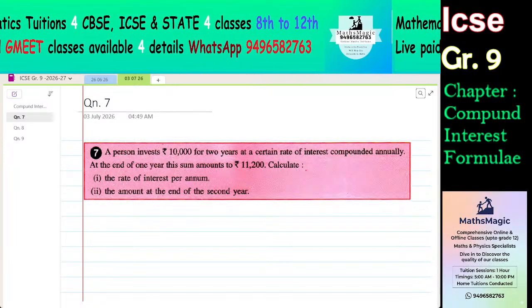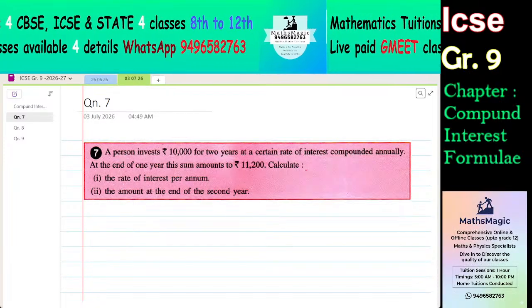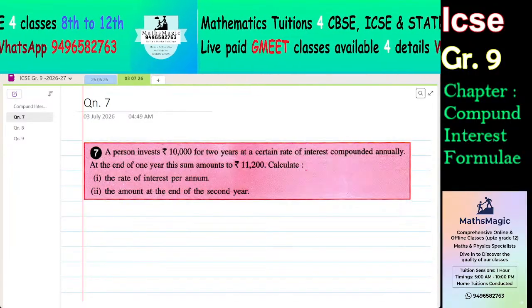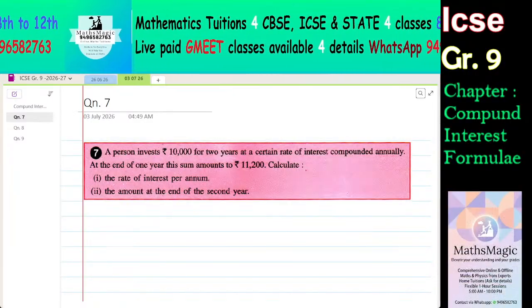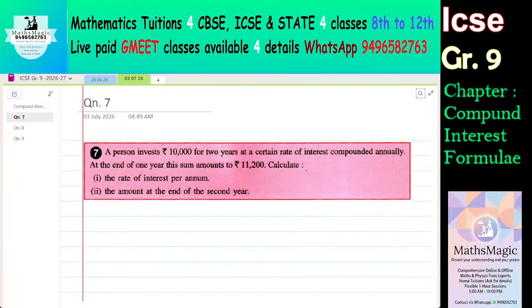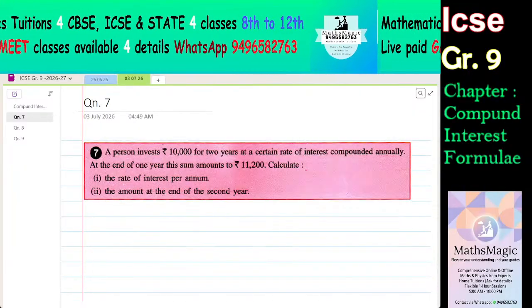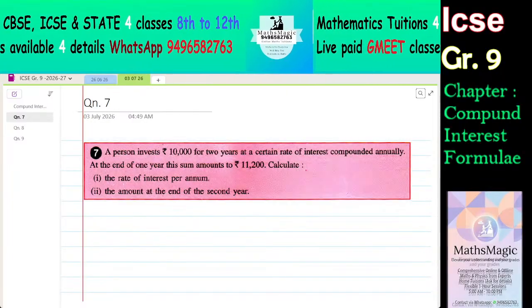Start solving it. It's better to use the quadratic formula itself so that you will be familiar with the formula, its use cases and all.